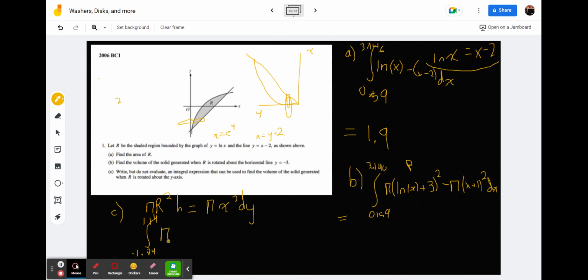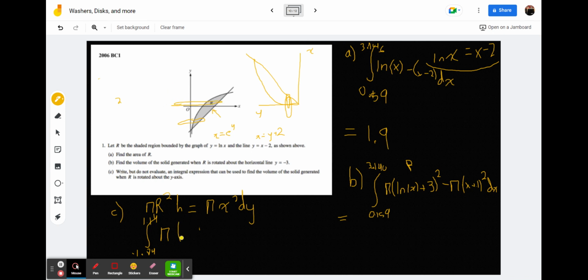So the first one is pi e to the y squared. Or sorry. What we notice here is that the one that's actually further away from the x-axis is going to be this line. It's the outer disk.